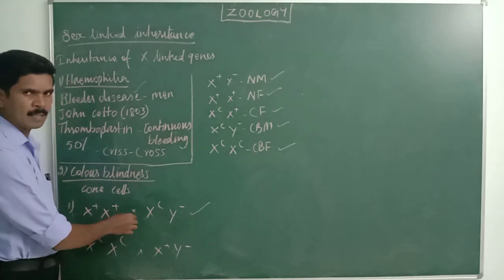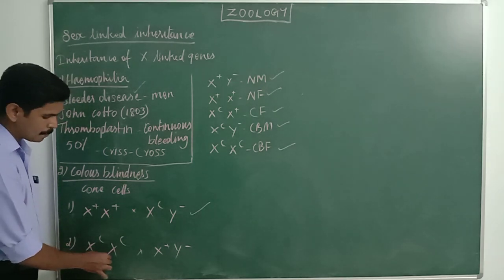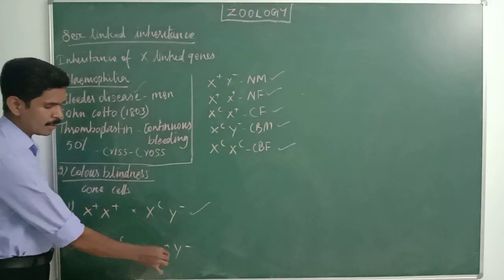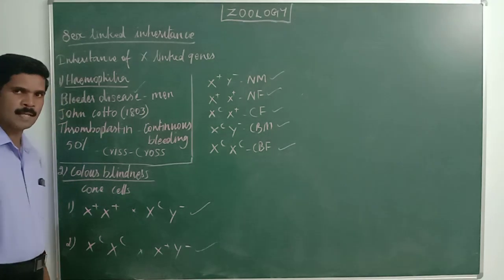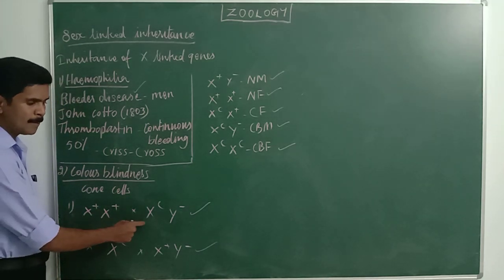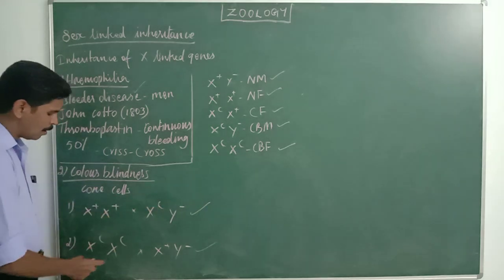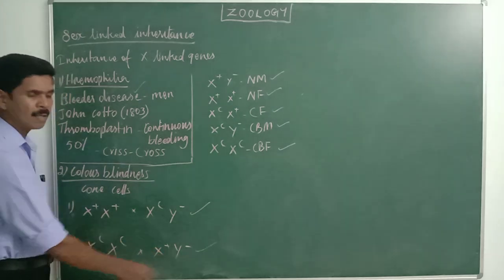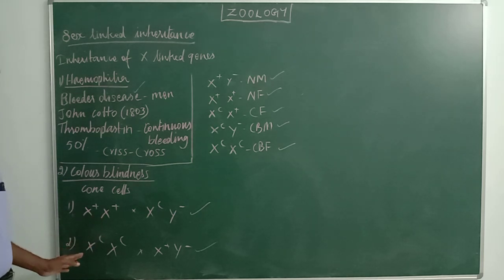The second is when a colorblind female marries a normal man; the disease is transmitted. Hope you understood.